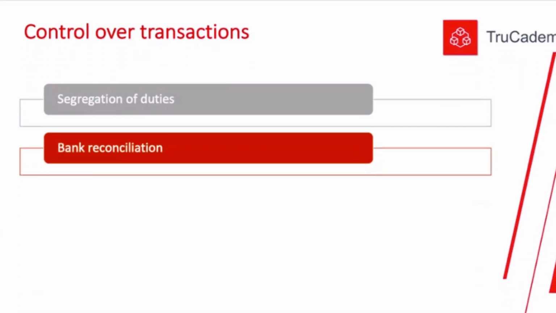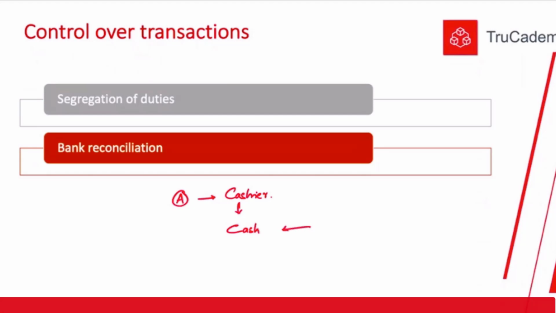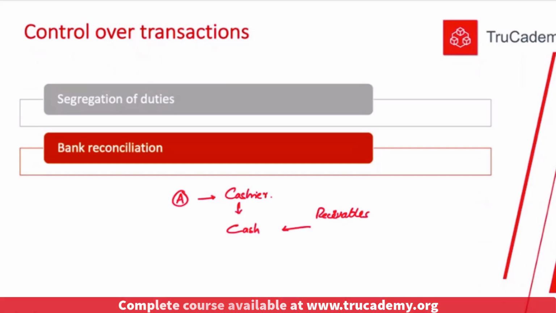Okay, control over transactions. First of all, segregation of duties. Here consider an example that we are running a business and we have Mr. A. Mr. A is our cashier. So Mr. A, the cashier, is on the cash counter and he receives cash from our accounts receivable as well as from our cash customers.